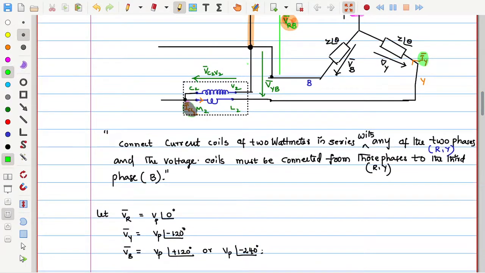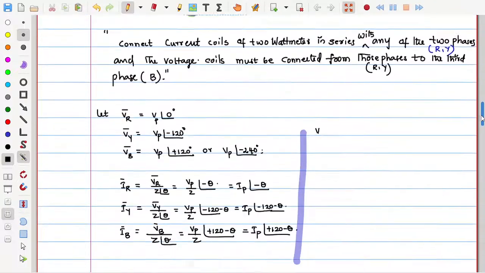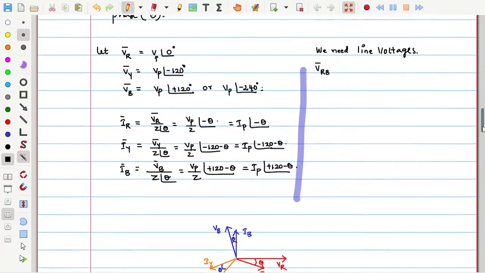After analyzing the connection, I came to know that I am in need of VRB. R to B means line voltage. So we need line voltages. Which line voltages we need, we cross verify from the circuit diagram.